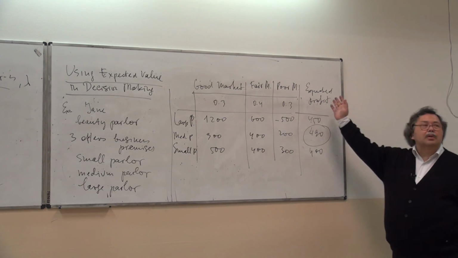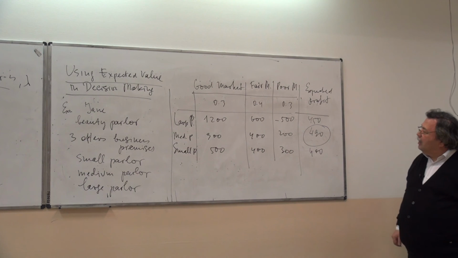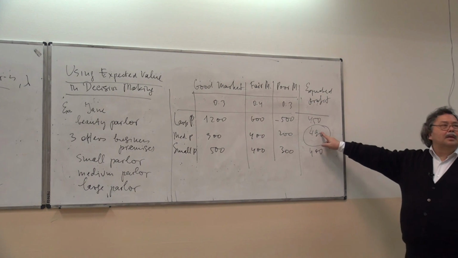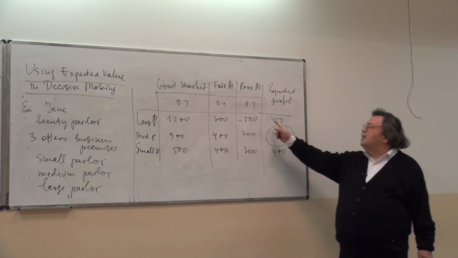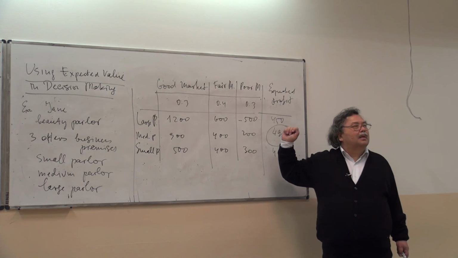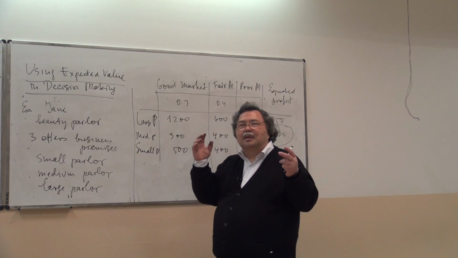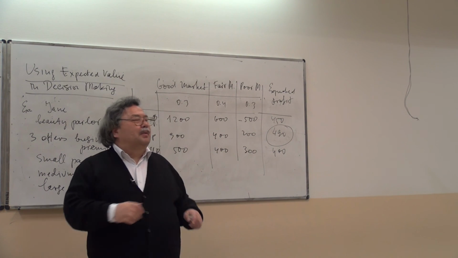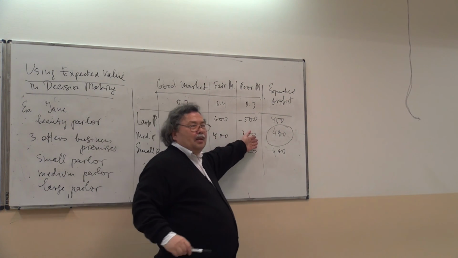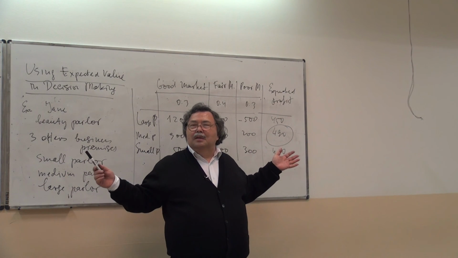Look at this Jane situation, the beauty parlor situation. This is the largest expected profit, but this is the largest business, and many business people are sensitive to the size of the enterprise, because apart from the pure monetary value, they get status.